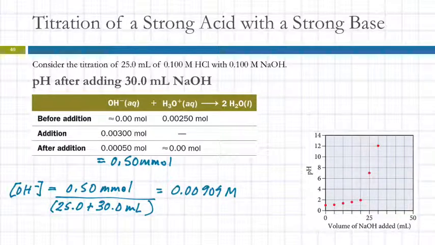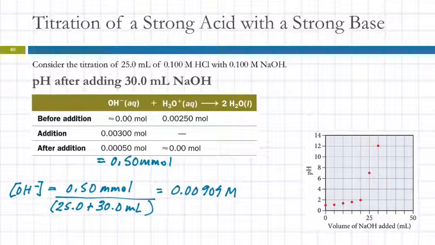Does that make sense? I found the amount in moles or millimoles of hydroxide that was left over, because I've got extra of that now. And I need to divide by the total volume of the solution, because to calculate the pH, we need to know the concentration of the hydroxide ion or hydronium ion.